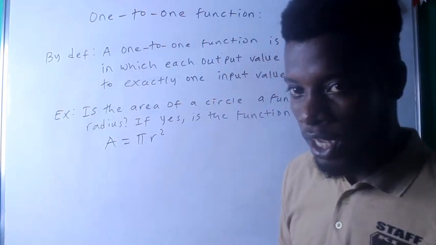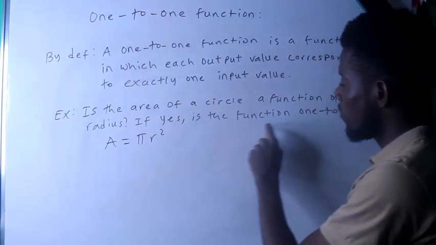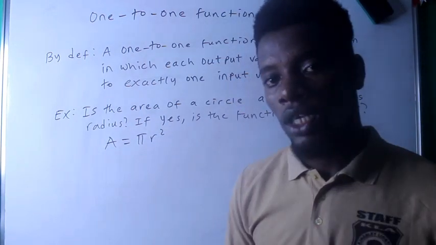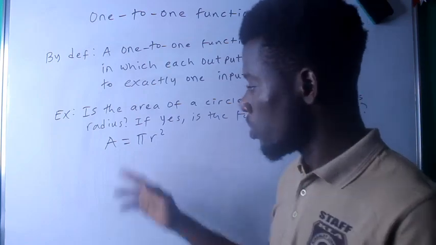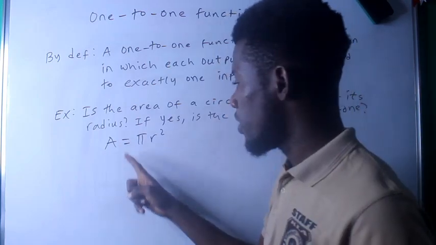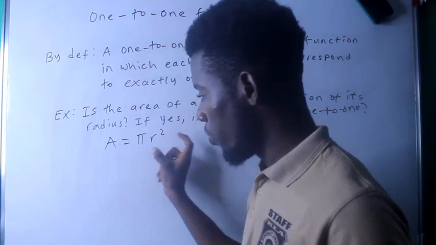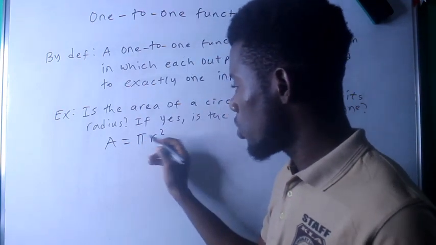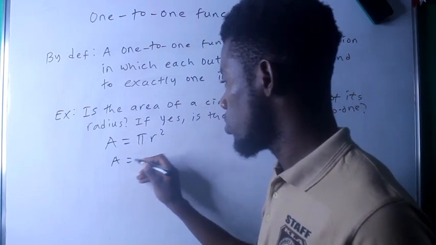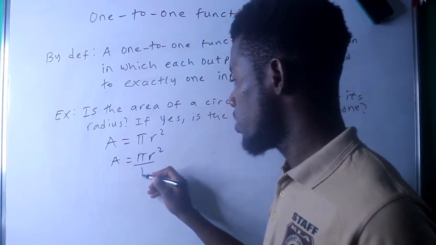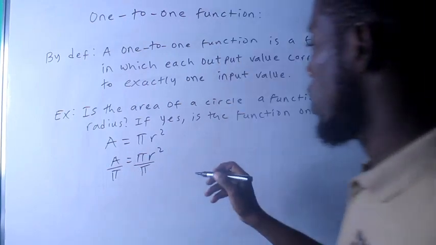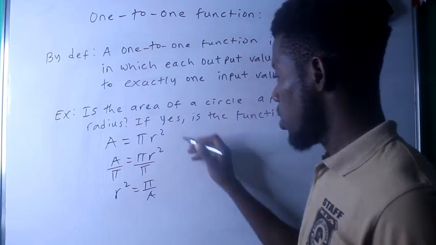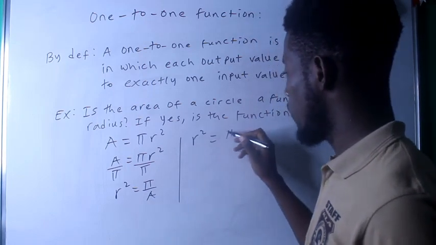Now, is the function one-to-one? To determine this, we can solve for the radius and see. Let's solve for the radius by dividing each term by pi. A equals pi r squared. Divide this term by pi, divide this term by pi. We have r squared equals A over pi.